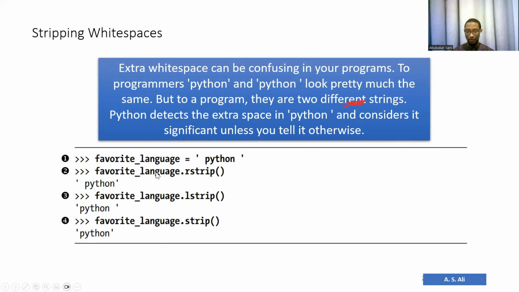So we type the favorite language dot rstrip, it strips the right white space and it becomes Python. No more space from the right. For the left strip, it removes the left one, so no more space here. For strip, it will remove every space in the string. And now we have Python, no spaces before or after the word Python.